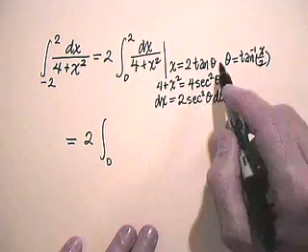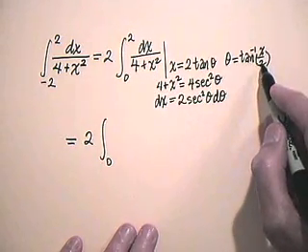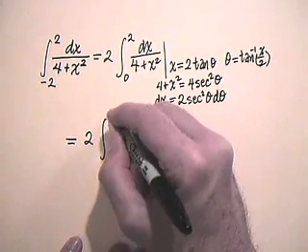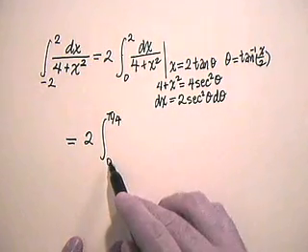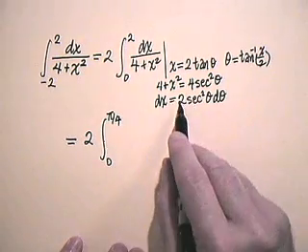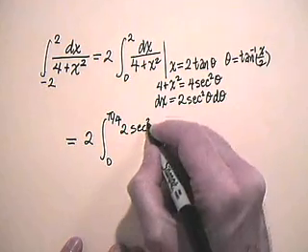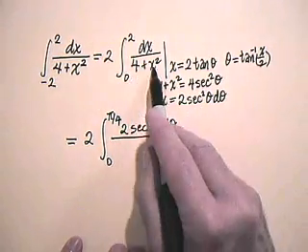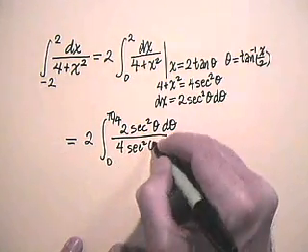When x is 2, tan inverse of 2 over 2, that's the tan inverse of 1. What angle has tangent equal to 1? Remember, that's the 45-degree angle, or pi over 4. And so we're going to have the definite integral from 0 to pi over 4 of dx, that's 2 secant squared theta d theta, divided by the 4 plus x squared, that's 4 secant squared theta.